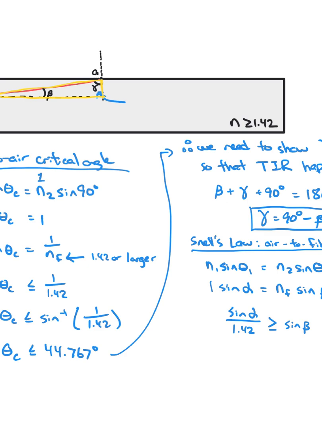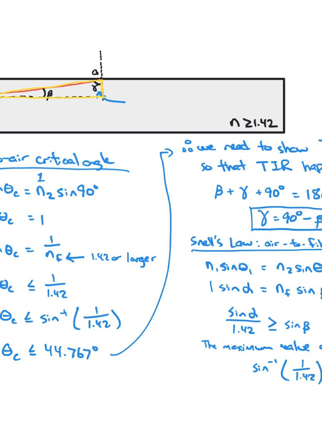What I'm going to do is declare that the maximum value of beta is the inverse sine of 1 over 1.42.